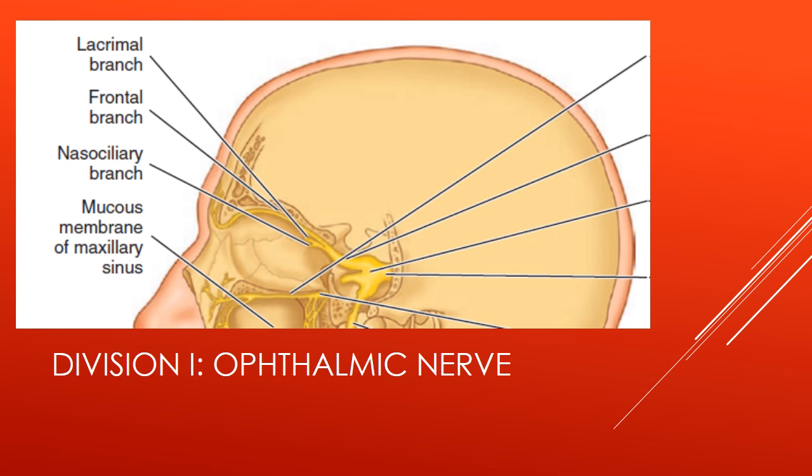Ophthalmic nerve or V1 has three divisions: the smallest lacrimal nerve, the largest frontal nerve, and the nasociliary nerve.